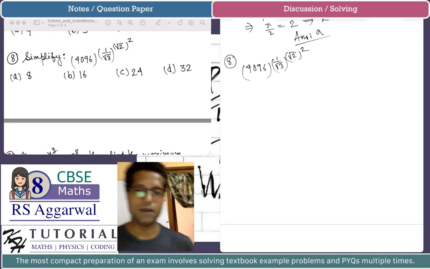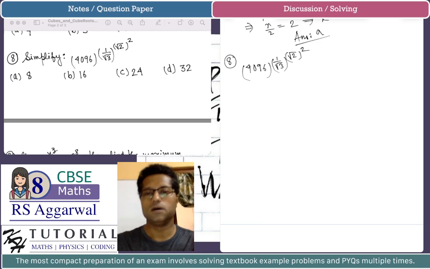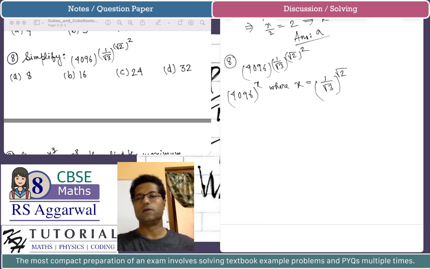Okay, so what we are having is, if you visualize it, something like 4096 to the power x, where x is equal to 1 by root 3, this whole raised to the power square root of 2, and the power square root of 2 is again raised to power 2. So what is x?